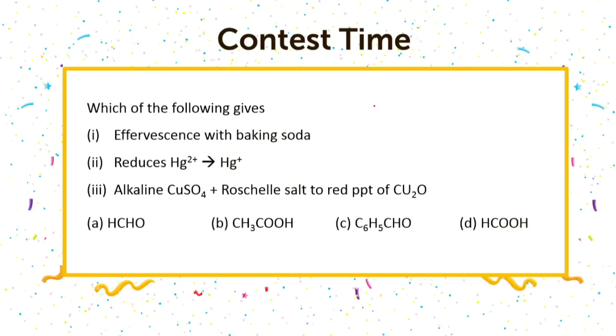Now, today's contest question, very easy. Which of the following gives effervescence with baking soda, reduces Hg2 plus to Hg plus, and reduces alkaline copper sulfate and Rochelle salt to a red precipitate of cuprous oxide?